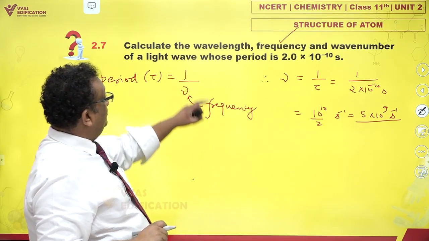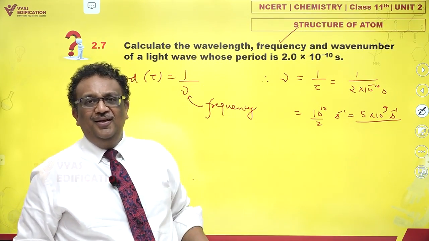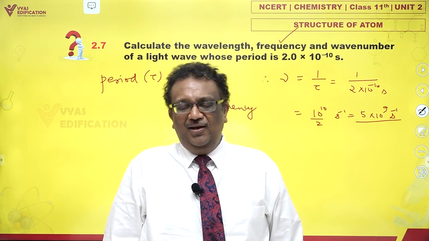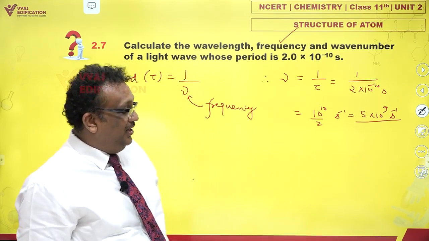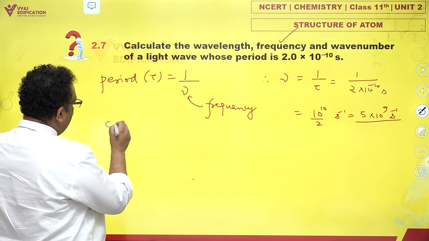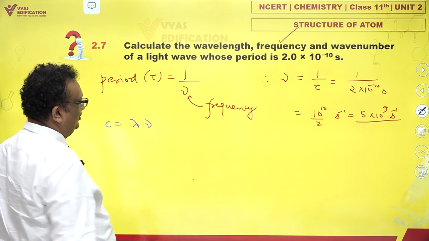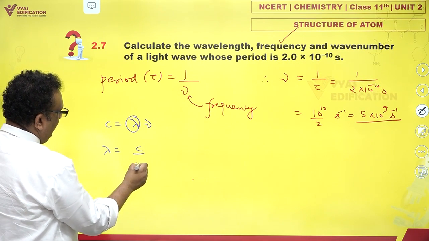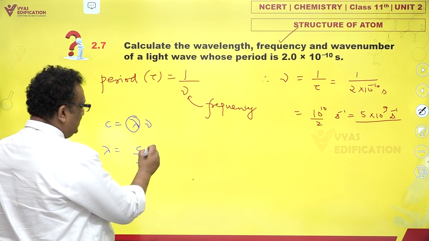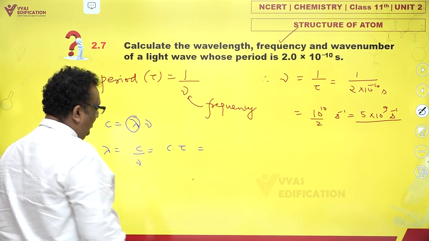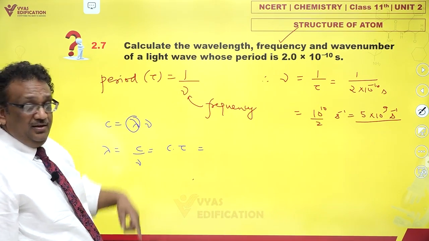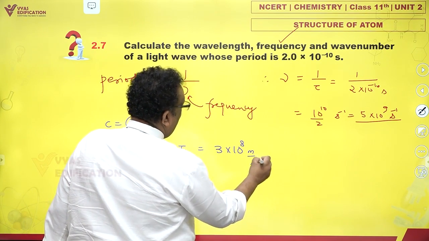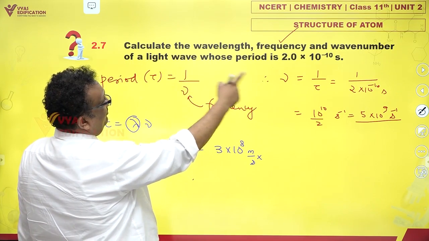Now next comes wavelength and wave number. Wave number is just the reciprocal of wavelength, so I'm just supposed to find essentially either one of these. The other one would be automatically there. Now, c is lambda nu. The wavelength lambda is c by nu, which is c into tau, since 1 by nu is tau, the period. c is 3 lakh kilometers per second, and period is given directly.